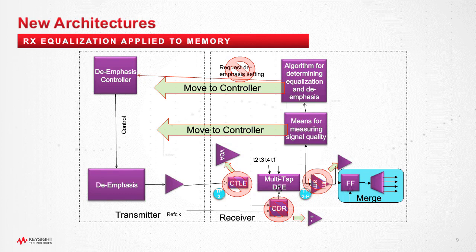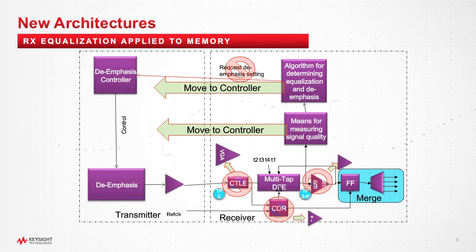One is that the DRAM process just isn't very good for logic. And the other is that there are a lot of DRAMs out there, and there's usually only one controller per channel, which means that moving any functions, especially if they're logic intensive, out of the DRAM and into the controller will improve the cost of the entire system and its performance by a significant amount.